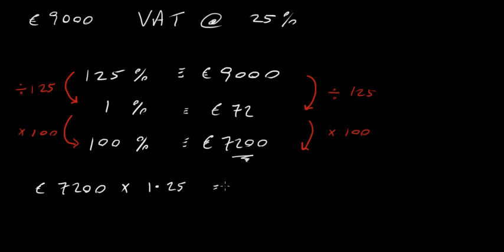So if you take 7,200, multiply by 1.25, you'll get exactly 9,000 euros. So you can see it does work. So this was our cost before VAT was added at 25%, and we've seen here that if we multiply by 1.25, if we do add the 25%, we do end up back here at the cost that we actually paid for the car.